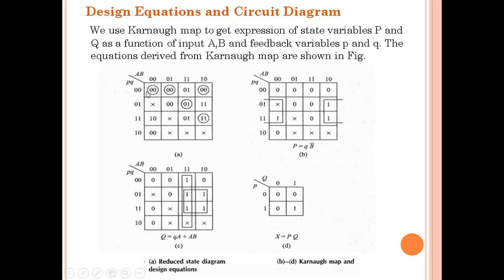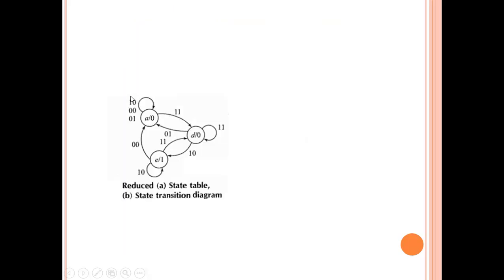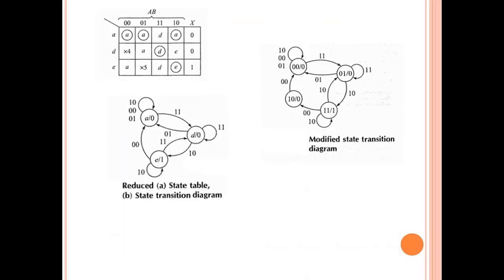A is 0 0. Here again A is 0 0. This table we are taking from here, and the modified table is made from this state diagram.